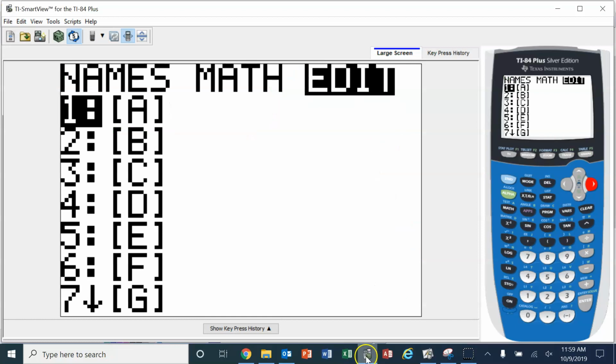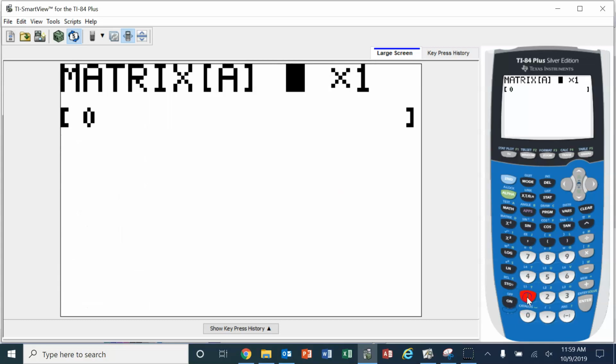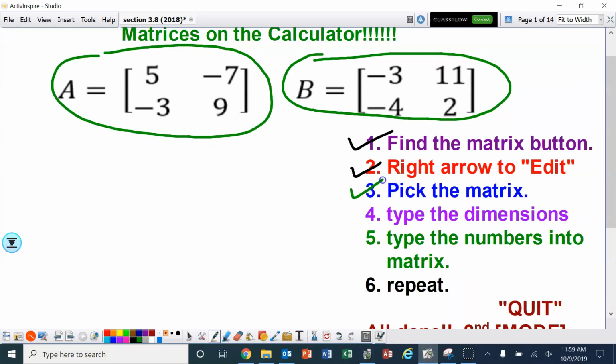So back to your calculator. We're going to push the number 1 for matrix A. Now that shows up. Next it says type the dimensions.